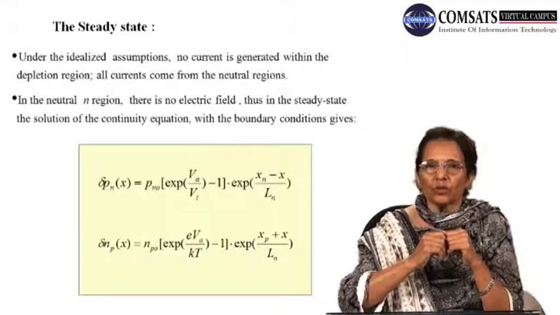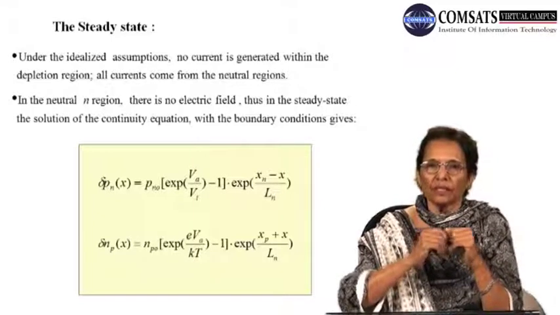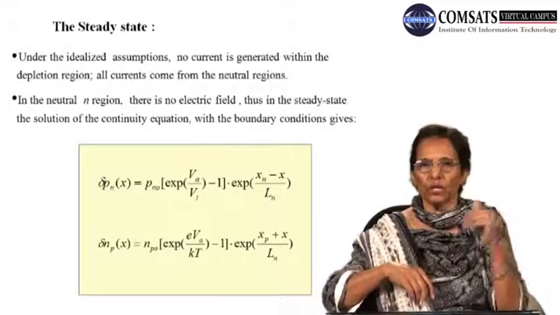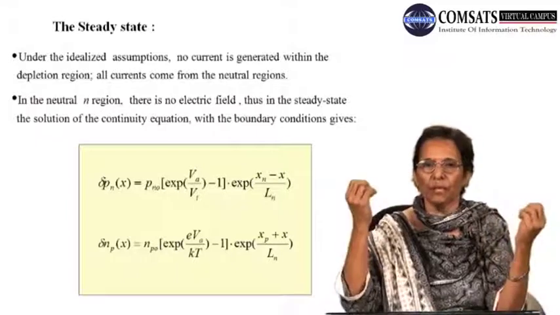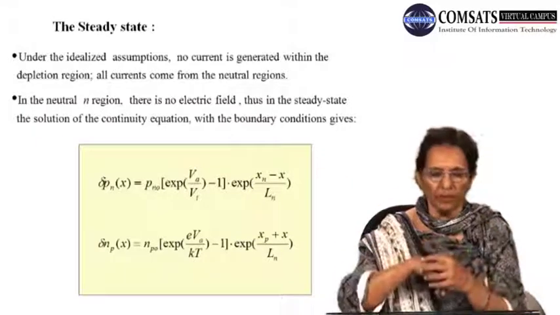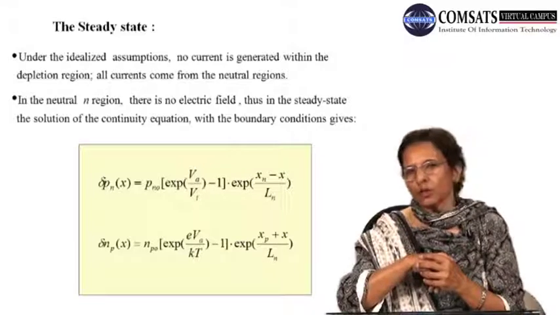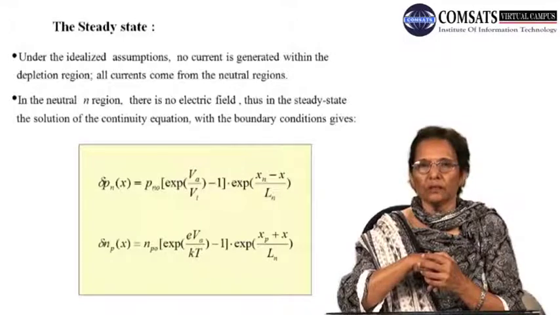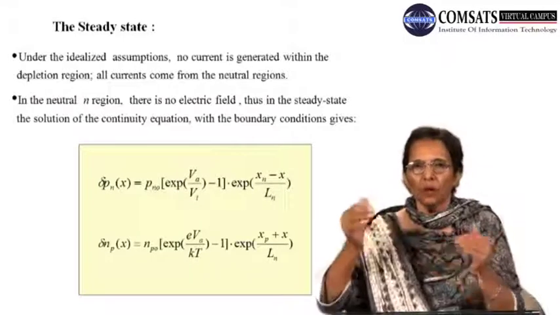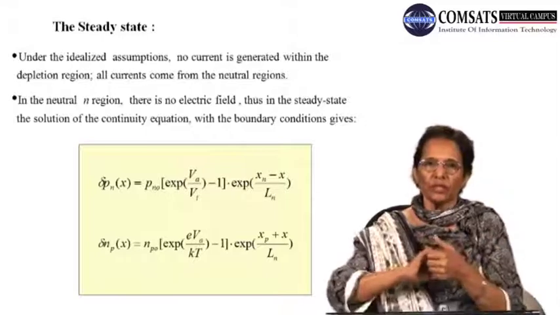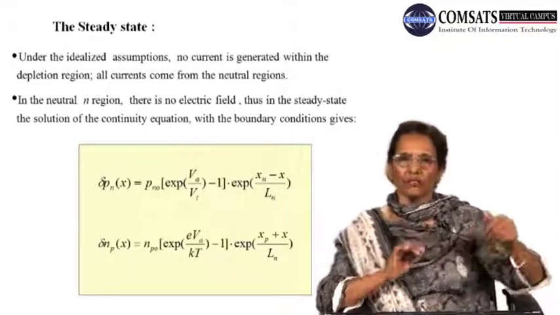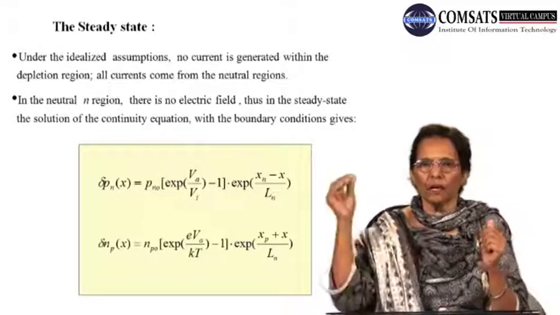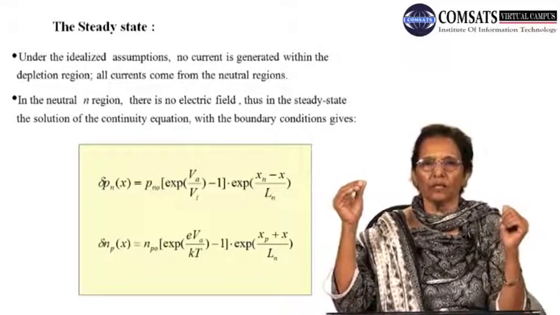So no electrons and holes are present there, and if they happen to diffuse from the P or N side, they will be swept away by the electric field present within the depletion region. So ideally there would be no current components within the depletion region. There will be no free carriers present within the depletion region. The only carriers which are available are within the P region and within the N region.